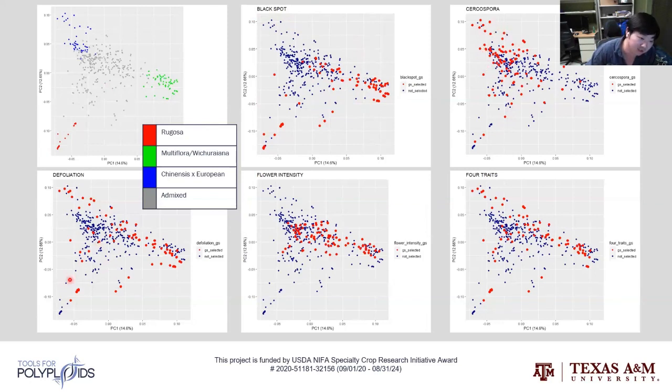The defoliation is kind of equally spread. The red dots are really everywhere. And for flower intensity, we see that it really comes from this green group, the multiflora witchiana group, and the admixed individuals. And when I make the selection index with all 4 of these traits and pick the top 20%, you see it's all over the place.